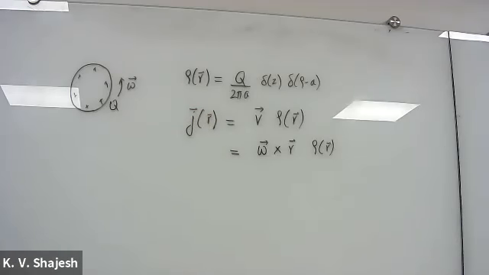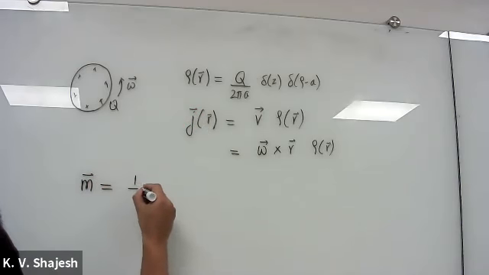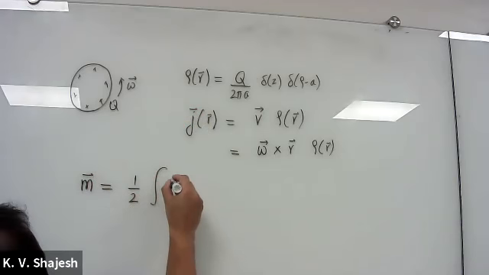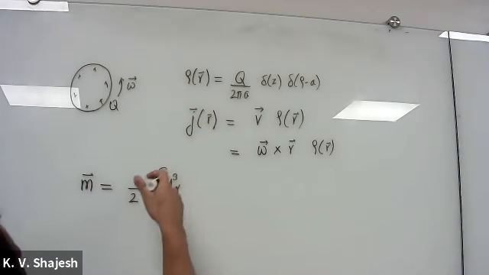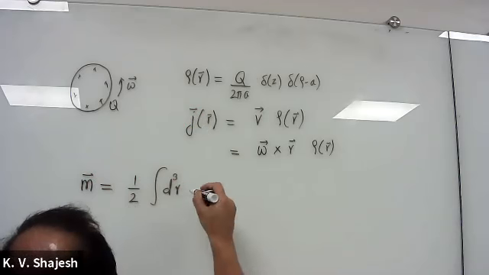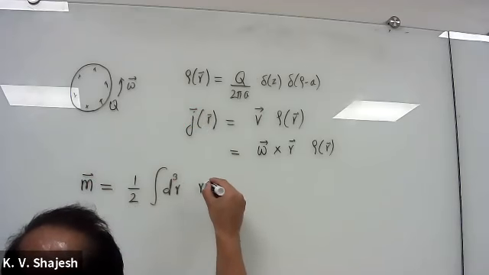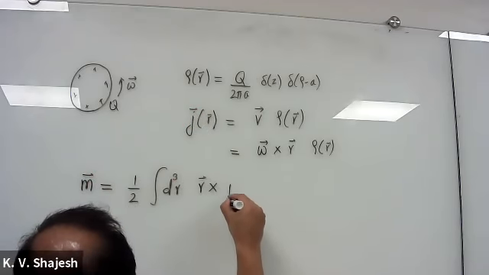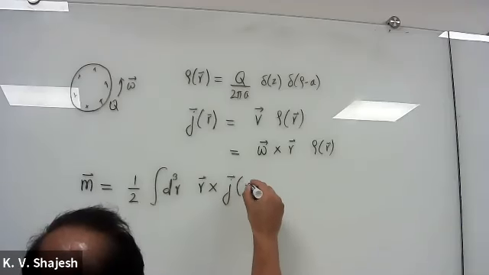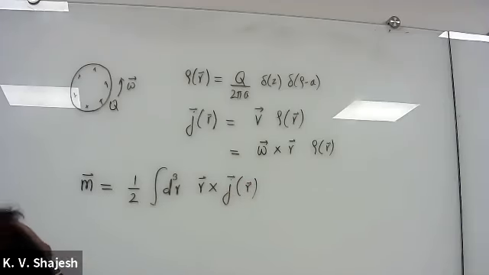That's your charge density, but the question could be, what is the magnetic dipole moment for this ring? We are not actually literally having a current, we are actually having a charge distribution and making it rotate. So what is its magnetic dipole moment? We said magnetic dipole moment is half of the integral over all space, basically wherever the current density is, of R crossed with J. But notice there's a three-step problem, right?